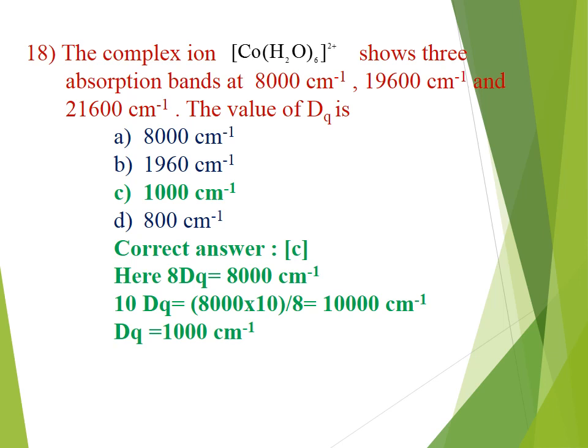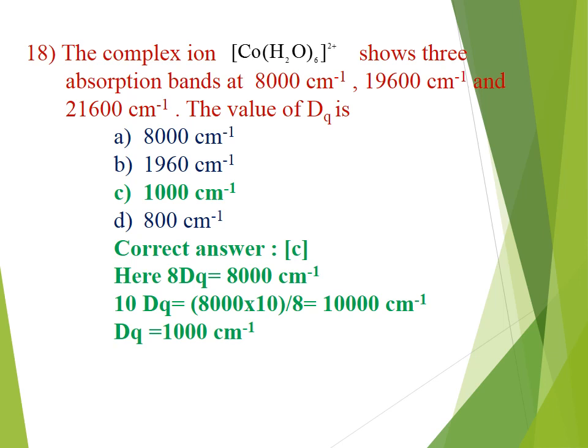Question number 18. The complex ion Co(H2O)6 2+ shows 3 absorption bands at 8000 cm inverse, 19,600 cm inverse and 21,600 cm inverse. Calculate the value of Dq. Option C is correct, 1000 cm inverse.